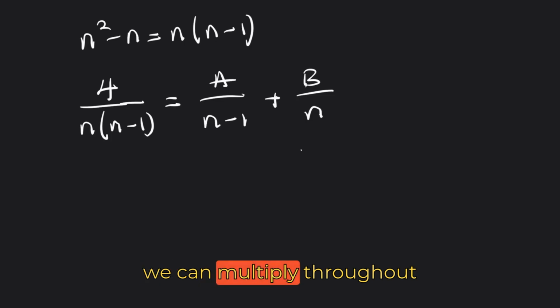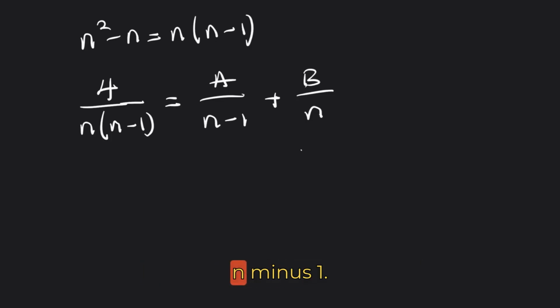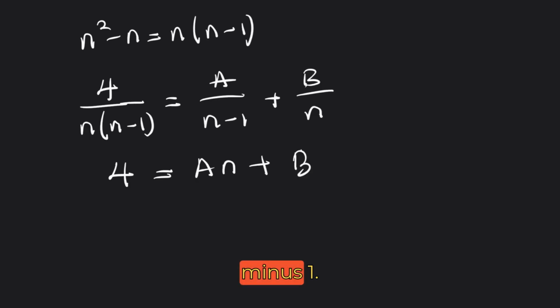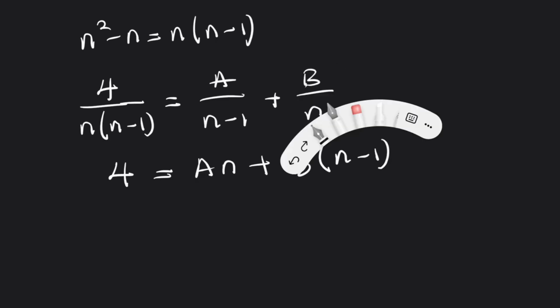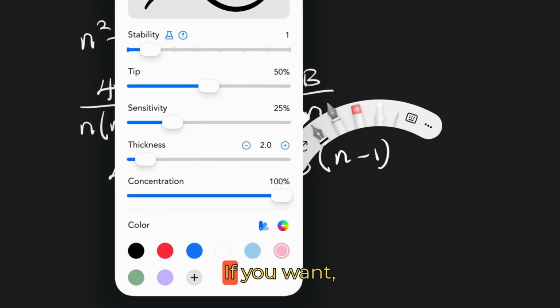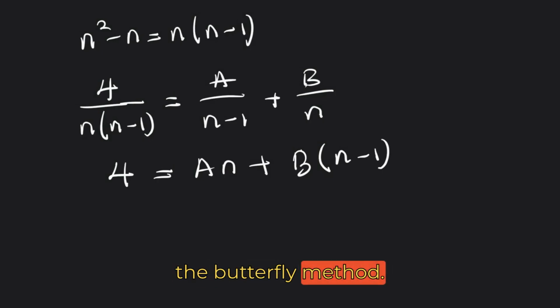So we can multiply throughout by n into n minus 1, so that on the left side we have 4, which is equal to A n, plus B into n minus 1. If you want, you can use the butterfly method.